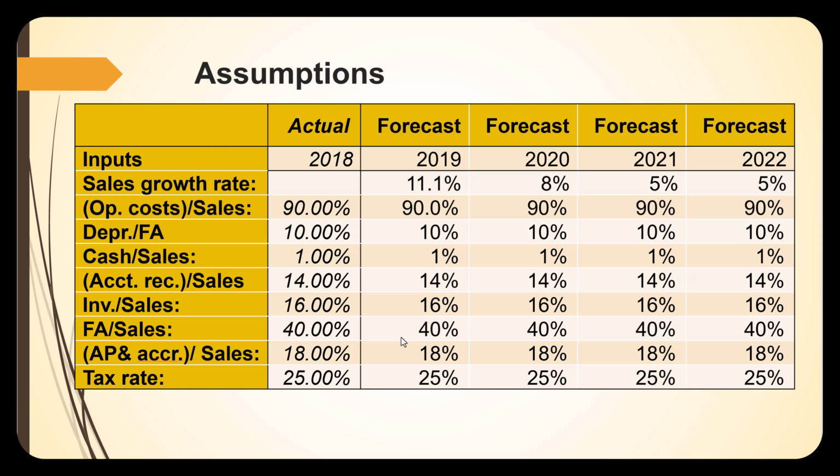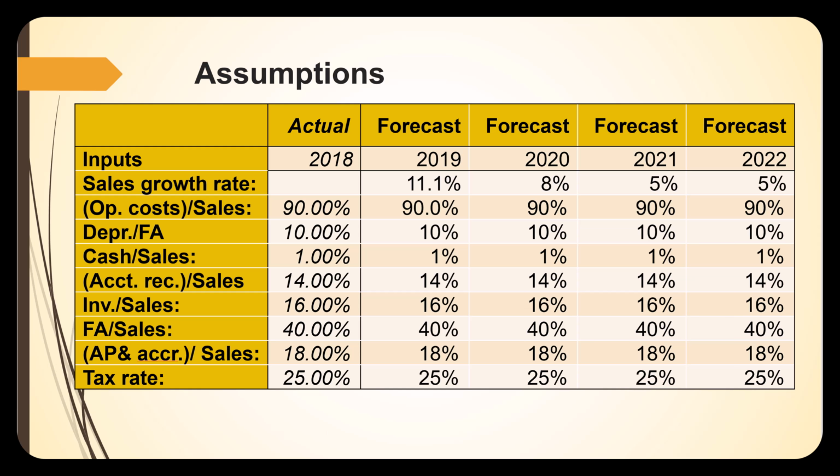This all comes from our ratio analysis of this company in 2018. Now, what we have projected, what is different across the board, you see all those numbers are the same, is what happens if sales change. We predict next year 11.1%, then 8, then 5, then 5 again.